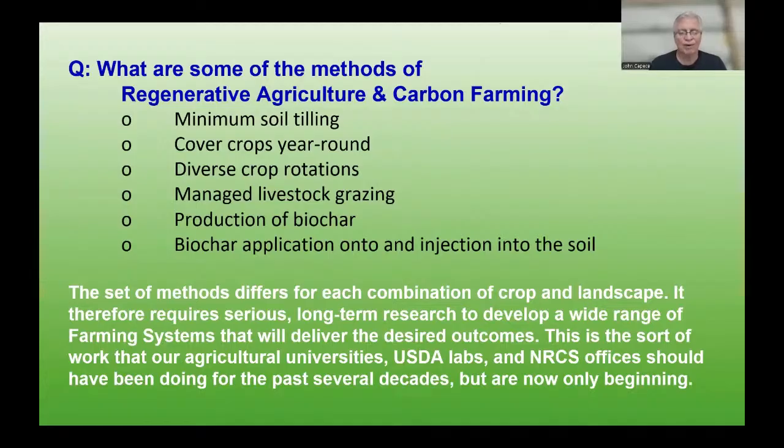Instead, due to competing priorities and industrial lobbying, they're only now beginning to scratch the surface of this research. Pushing funding and expectations into these public research institutions needs to be a top political priority.